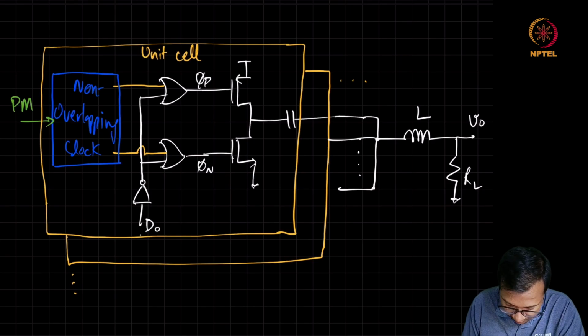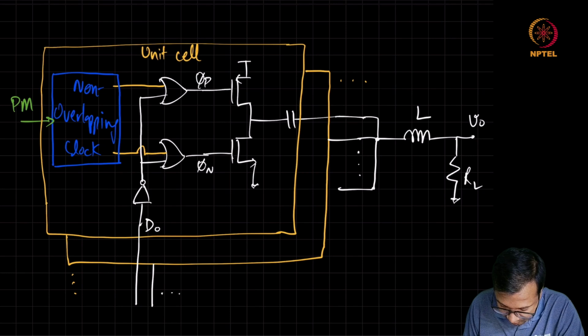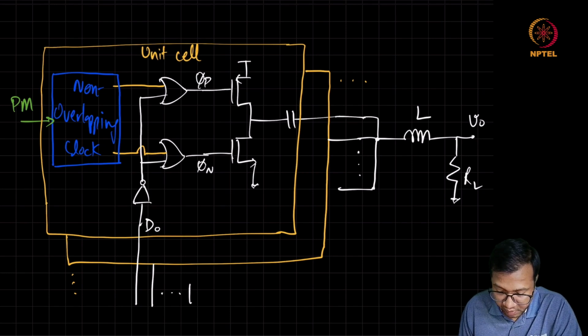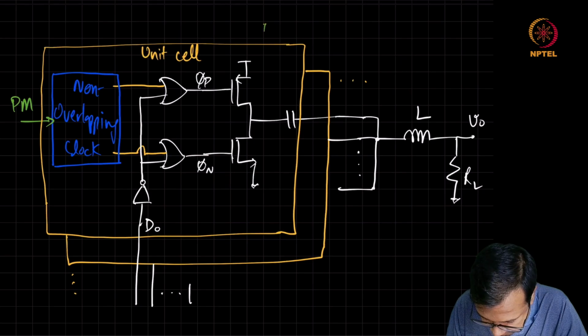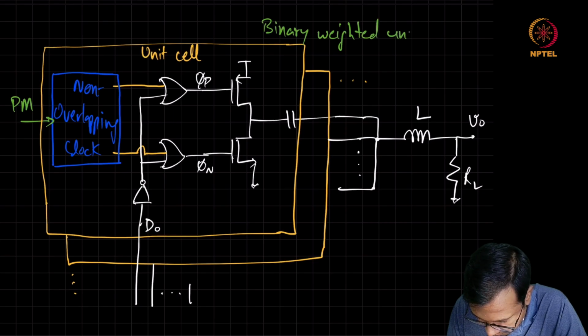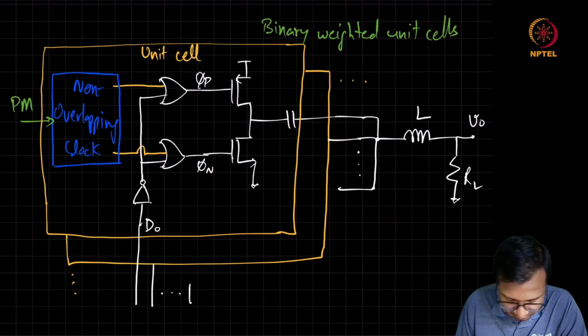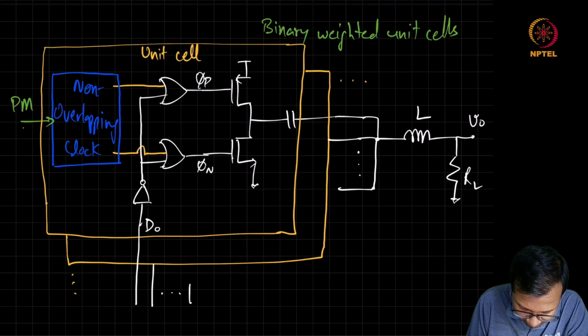And we can have all this digital control coming to different unit cells. These unit cells themselves can be binary weighted. The same PM signal is going to be fed to all the unit cells.